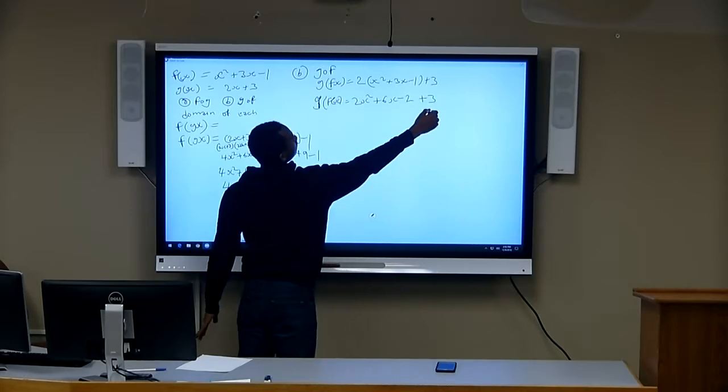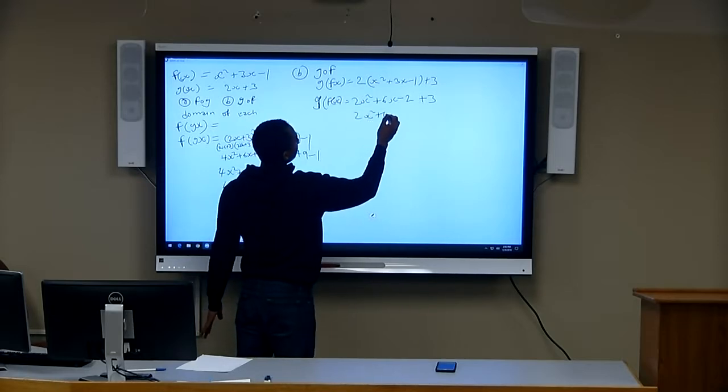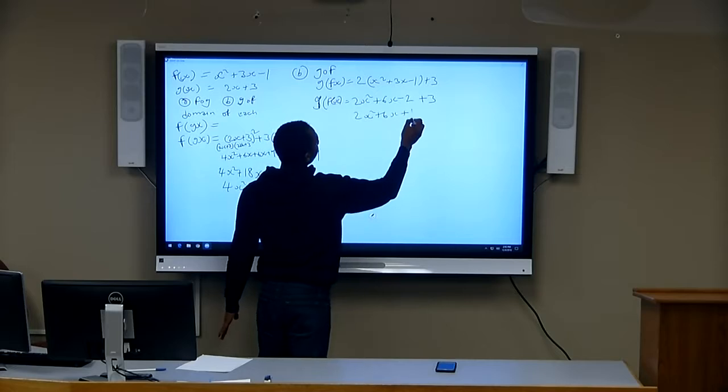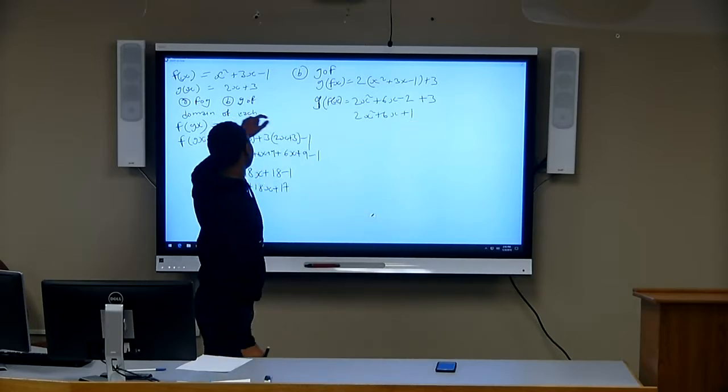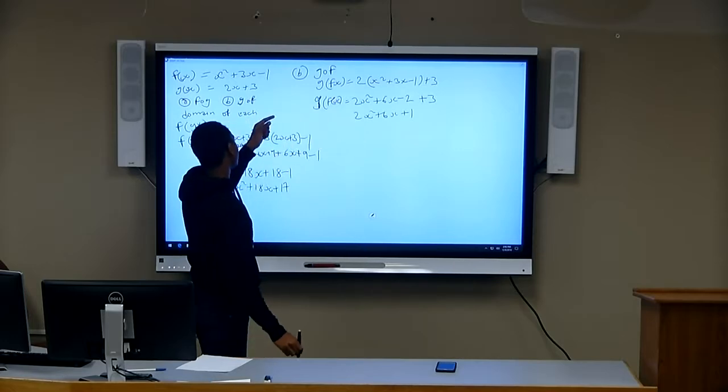So minus 2 plus 3, that is plus 1. So it's going to be 2x squared plus 6x plus 1. This is g circles f. This is the function of g circles f.